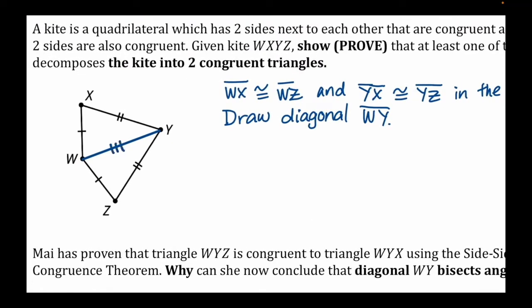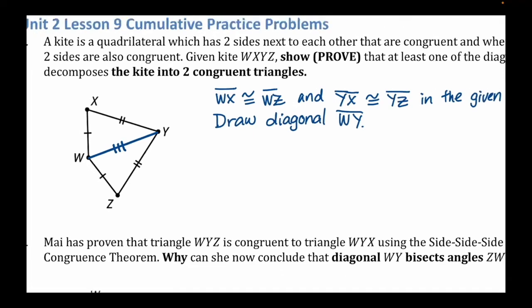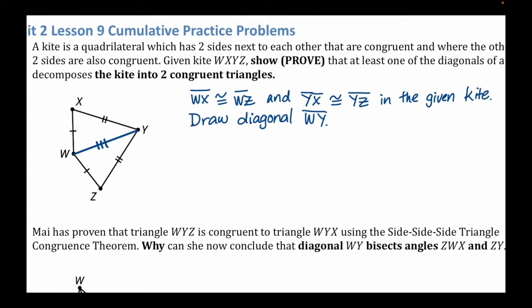I'm going to say this one here is congruent to itself, and then that's going to be our third piece of information that we need in order to prove this congruent. So we can now say segment WY is congruent to segment WY.